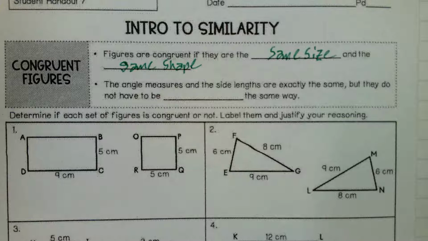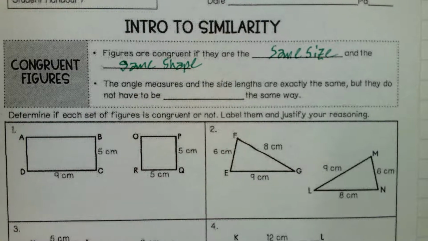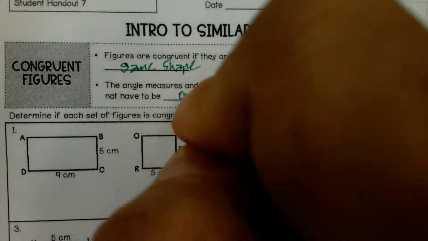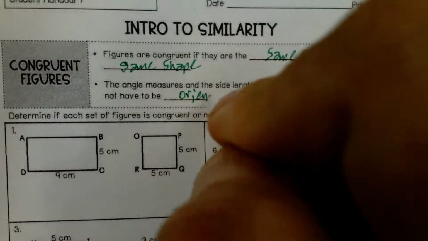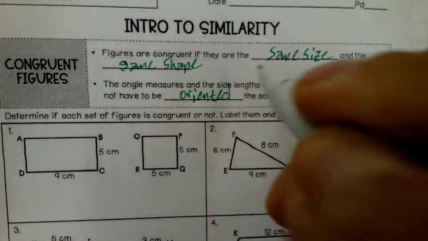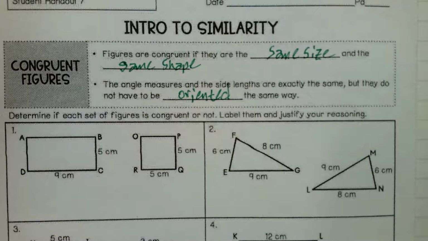The angle measures and the side lengths are exactly the same, but they do not have to be oriented the same way. Does everyone know what that means when they're oriented the same way?